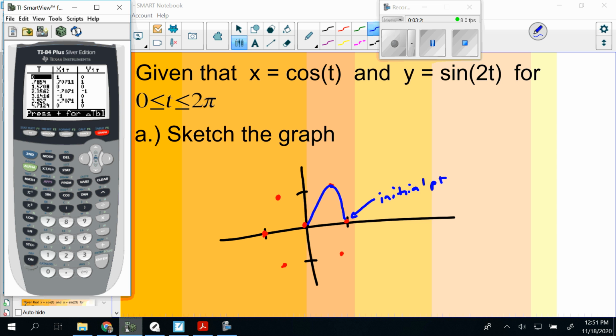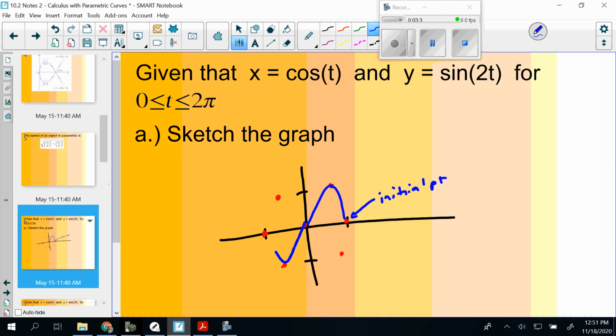Then the next one's the negative 1, so it goes down here, up, down, and back. So make sure you put arrows on here showing the direction it's going. So that's the graph of this one, and the terminal point would actually be right at the same point as the initial point here.